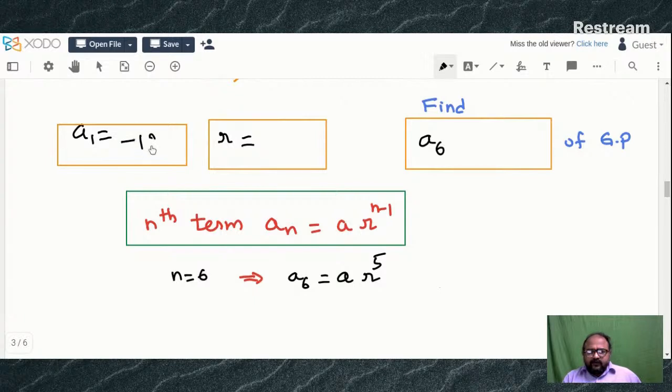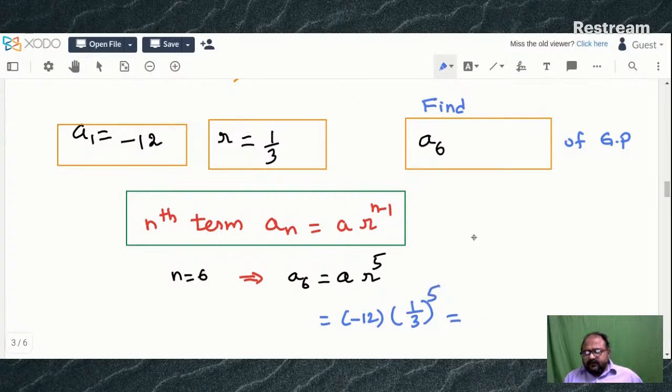And the common ratio is given, it is 1 by 3. Now substitute these values in the formula. You can find A6. It is minus 12 multiplied by 1 by 3 raised to the power of 5.